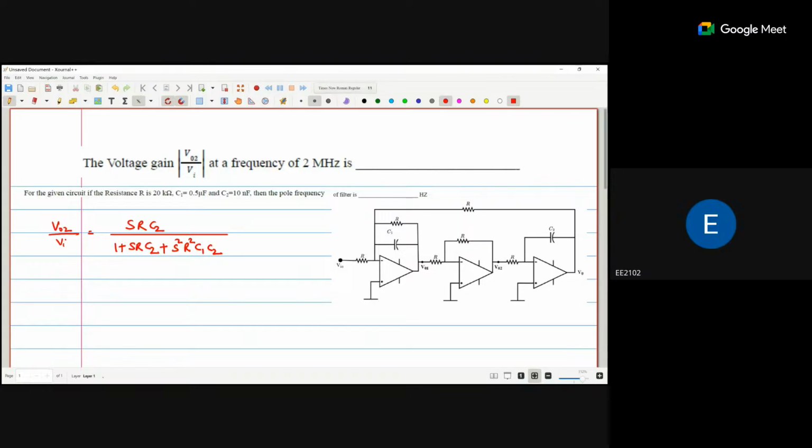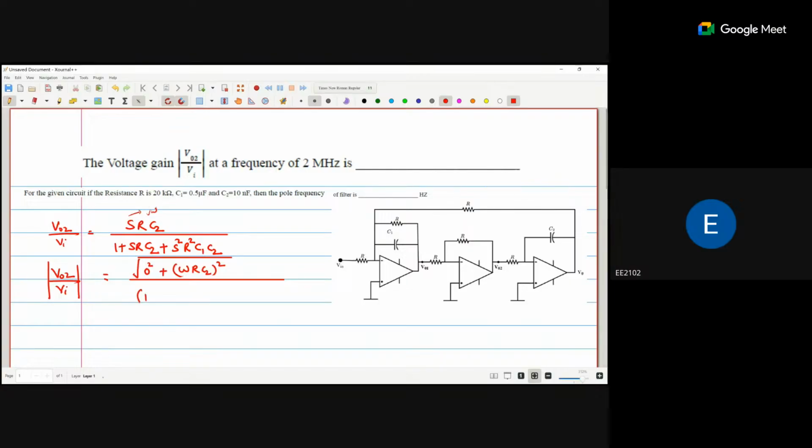Okay. Now we calculate the magnitude of that one, V naught 2 upon Vi mod. How do we calculate the mod? S is j omega, so we calculate the mod of the numerator and denominator. In the numerator, it is omega R C2 whole square, that is the imaginary component, and the real component is 0, and the root of this, upon, in the denominator, S is j omega so S square is minus omega square.